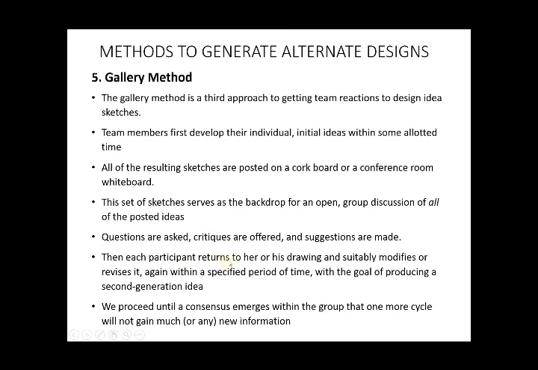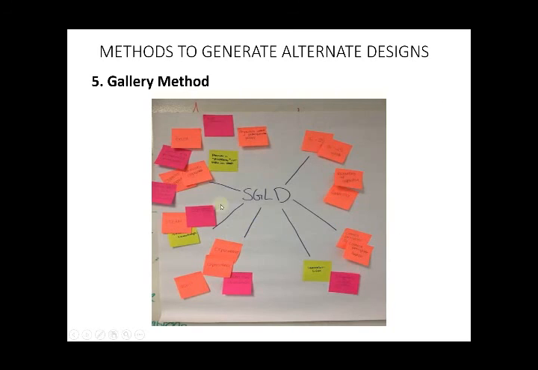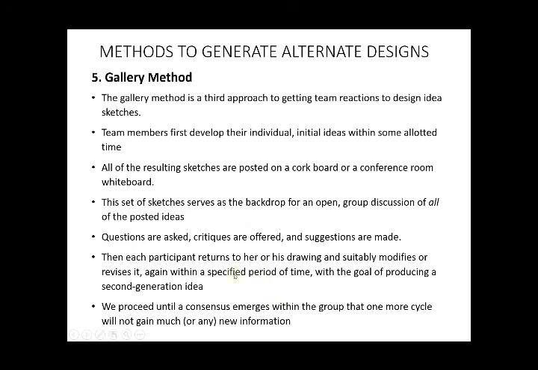After all the suggestions are made, each participant is returned the paper. Each paper belongs to each of the designers. After discussion, the designer takes back the paper, having noted down all the suggestions, questions and critiques, and after incorporating them, he returns with the improved idea, known as the second generation idea.